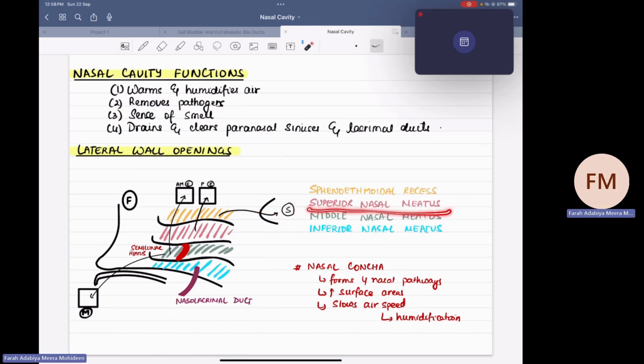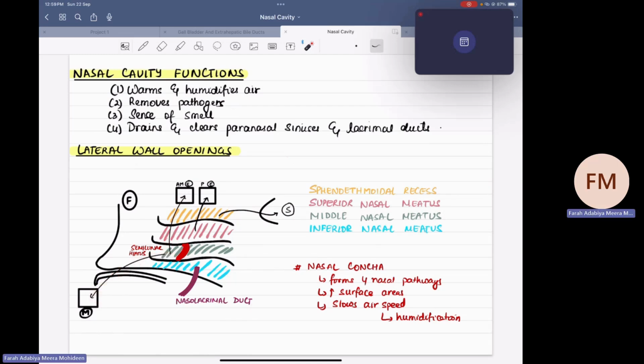You have your superior nasal meatus, that is between your superior and middle concha, and they drain into your posterior ethmoidal sinus. Then you have your middle nasal meatus, that is made by your middle and inferior nasal concha, and these drain into the anterior and middle ethmoidal sinus as well as your maxillary sinus.